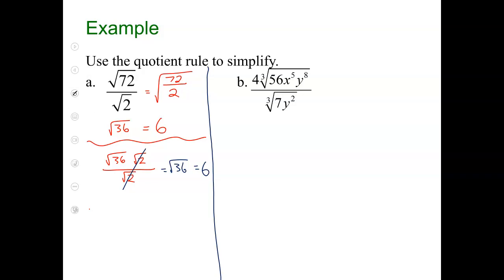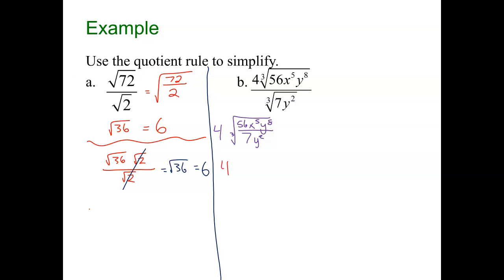If we take this big radical and write it under one radicand, I've got 4 and then the cube root of 56x to the 5th y to the 8th over 7y squared. So let's look at what we can simplify. 56 divided by 7 gives me 8.